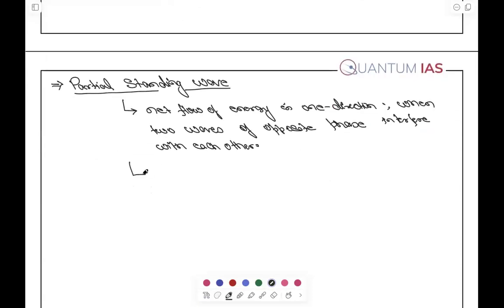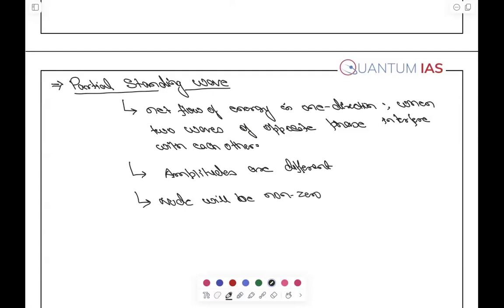First thing. Second thing, the amplitudes are different. If amplitudes are different, then the node will be non-zero. The amplitude at the node will not be zero. The node will now become non-zero.